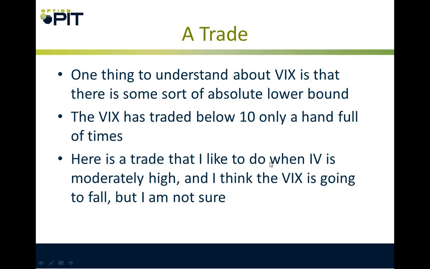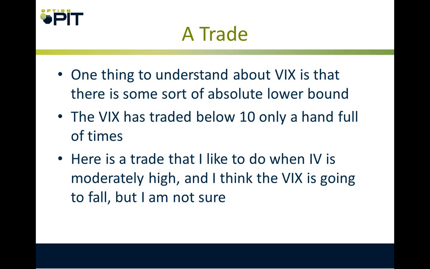All right, so now I'm going to show you a little trade that I like to do when volatility gets a little bit of pop, not quite like this. I wrote this at the end of September, so I need to update this into a different trade probably. So one thing to understand about VIX, and we talked about that, is that 10 is the lower bound, right?